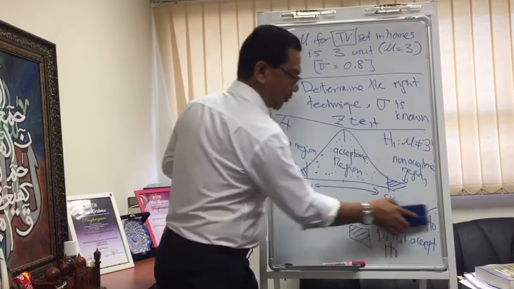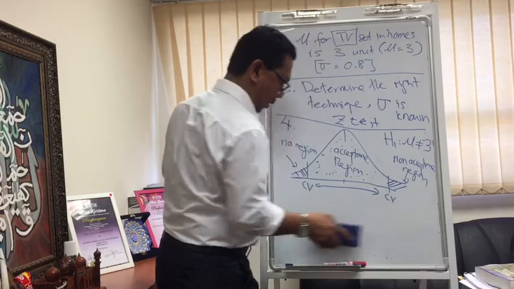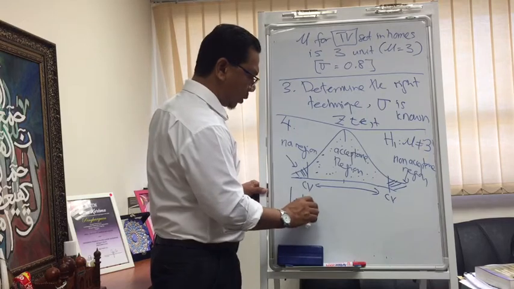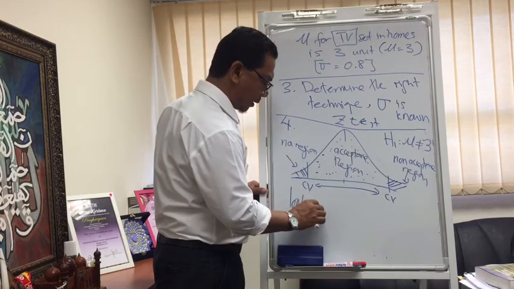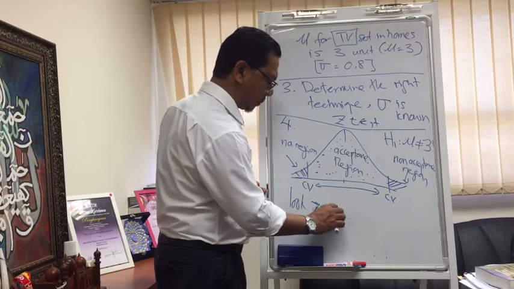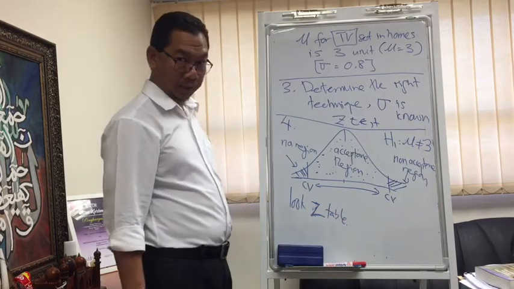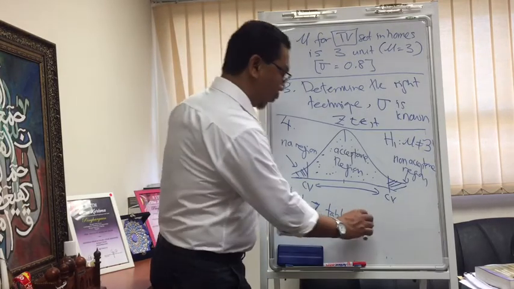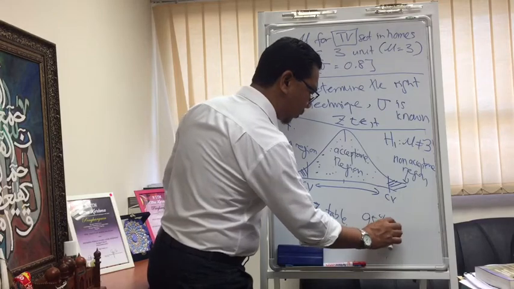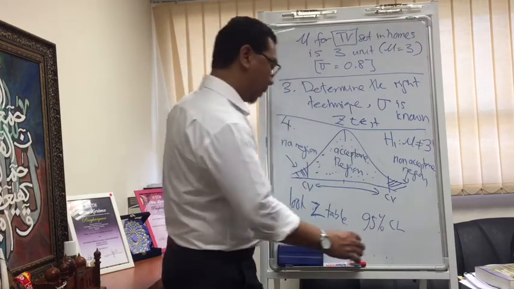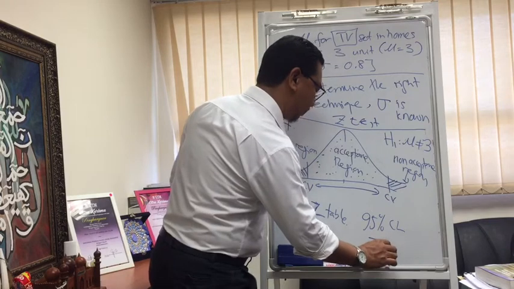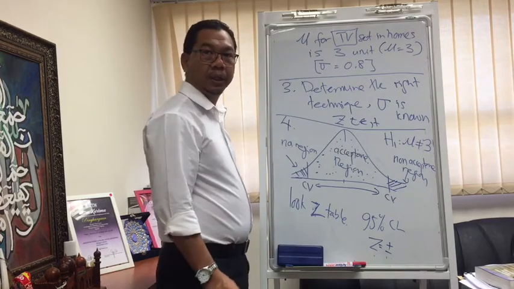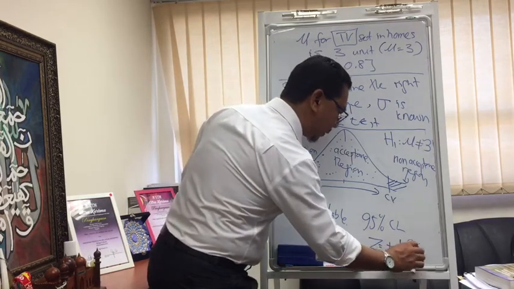Now, what is the value here? To know the critical value, it is easy. We just look at the Z table. As we learned last week, with a 95% confidence level, the Z value is plus or minus 1.96.